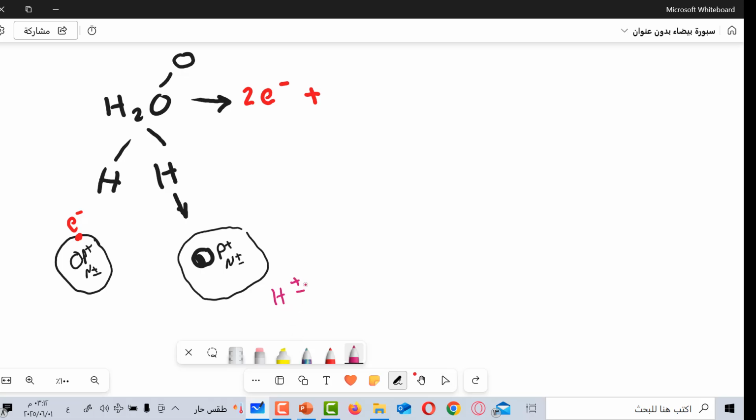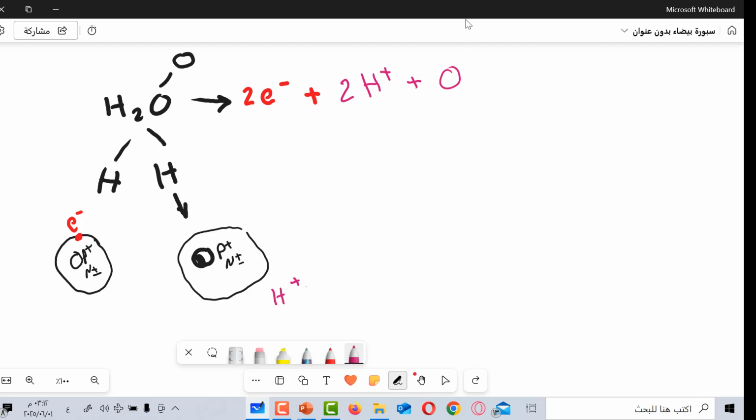We take the minus, and it becomes H plus. And when we take this 2 electrons, we will have 2 H plus and only 1 oxygen.